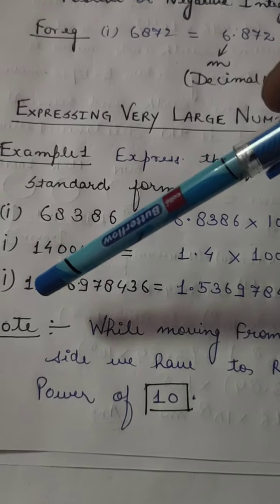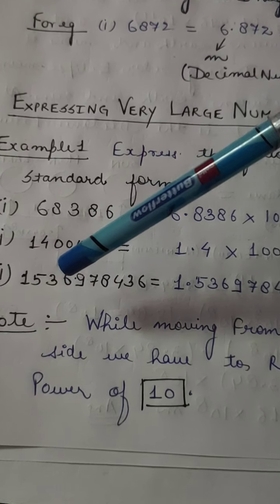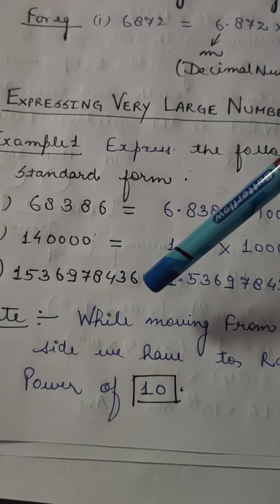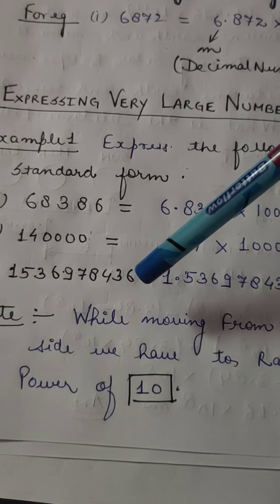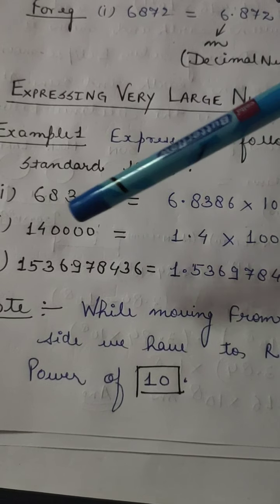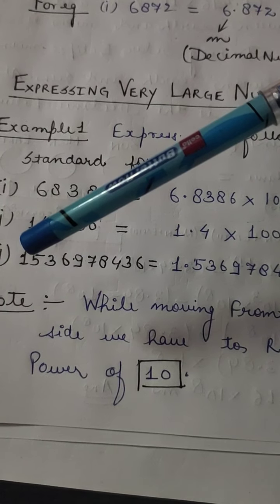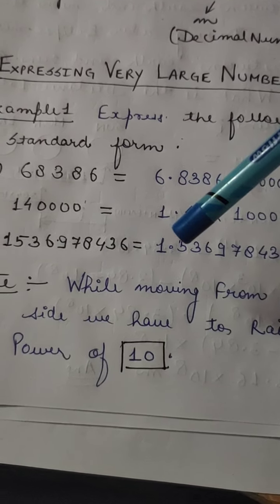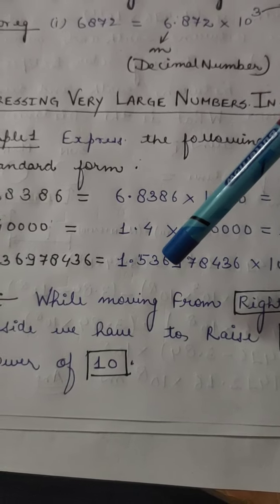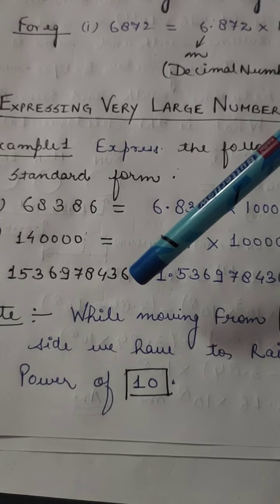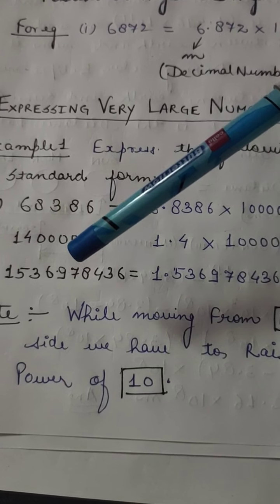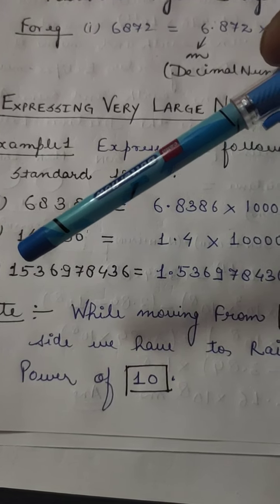Similarly, take this large number, 15369789436. The decimal is present after the last 6, and we have to move it to after 1. In the next step I have written the number with the decimal point like this, and then counted how many places I moved from right to left: 1, 2, 3, 4, 5, 6, 7, 8, 9.